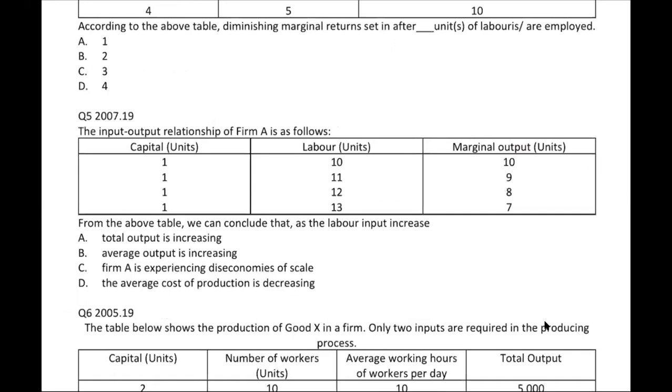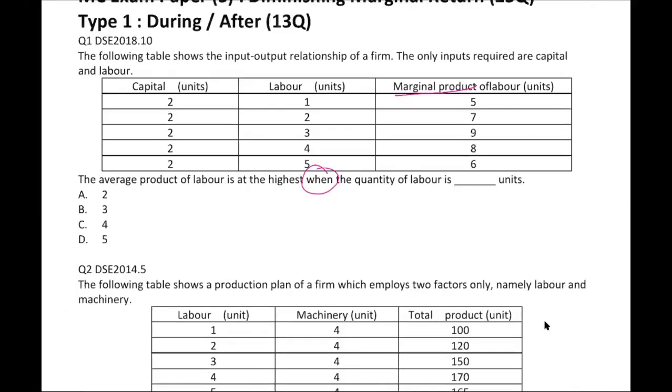Which labor is the law applied? Wait, I'm calculating. Oh, no need to calculate, we got the marginal product already. Then it must be labor 4, since the marginal product is negative one.